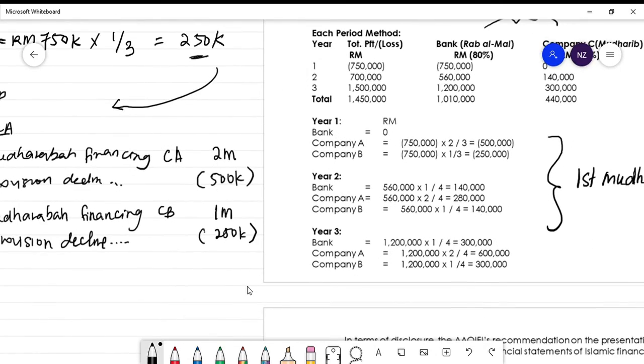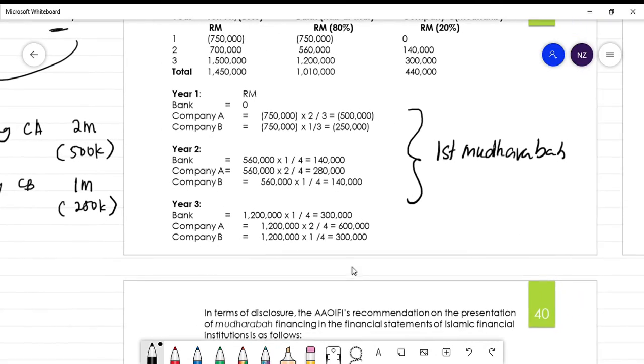You guys mesti dah tahu kan kenapa ambil the concept of this ratio. Okay, now when you times, you akan dapat bank akan dapat 300k dalam first mudharabah, company A akan dapat 600k, company B akan dapat 300k.